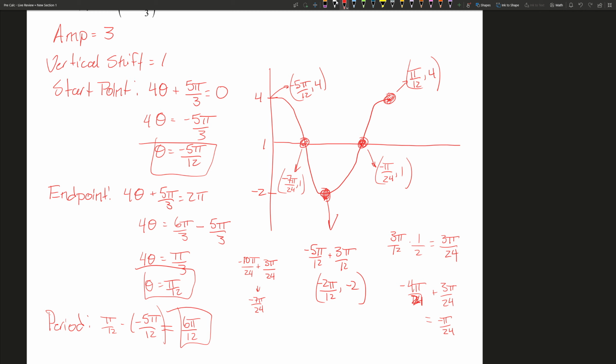Okay, I did a little bit of work without explaining it. Most of it's just adding fractions. That's all we're doing.